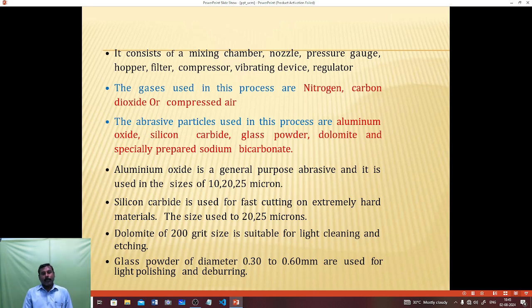Silicon carbide is used for fast cutting on extremely hard materials, in sizes of 20 and 25 microns. Glass powder of diameter 0.3 to 0.6 mm is used for light polishing and repairing.